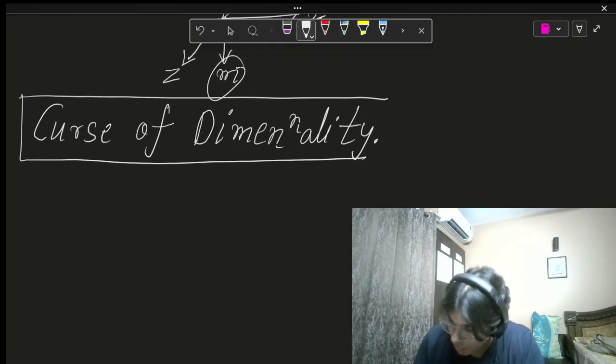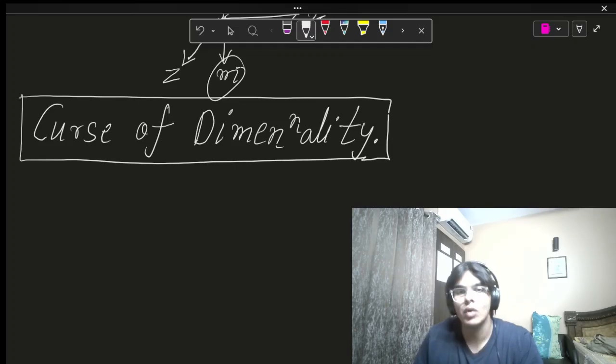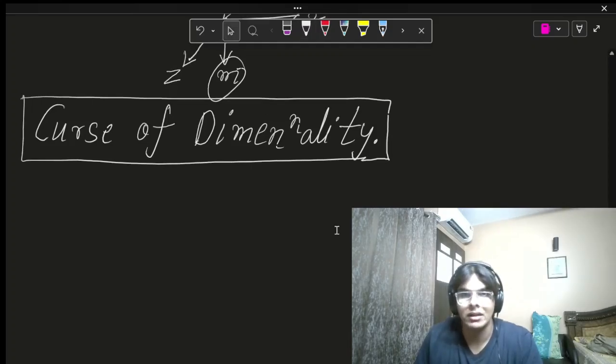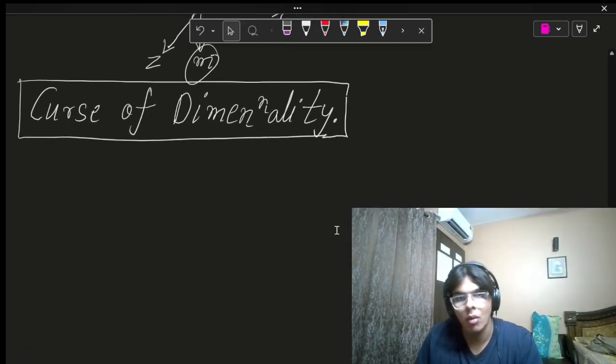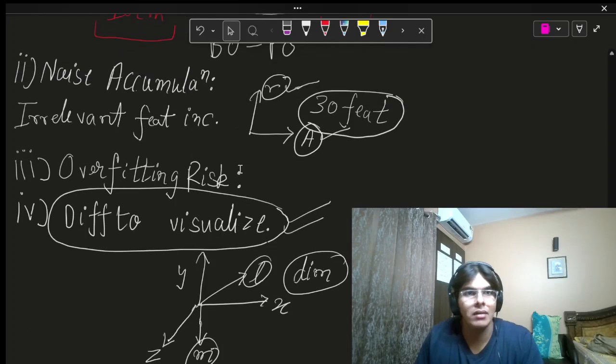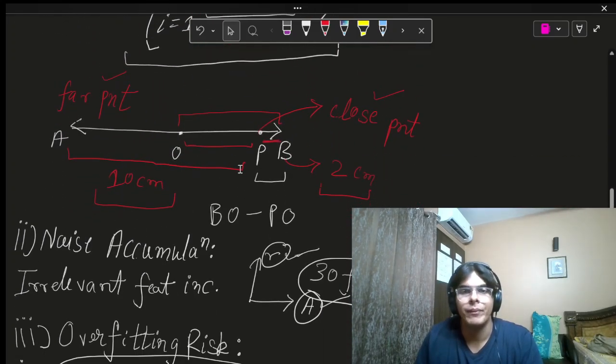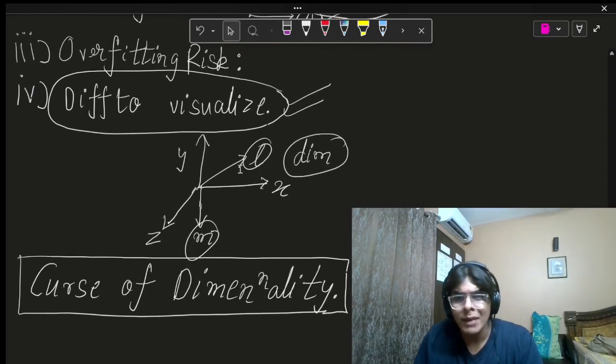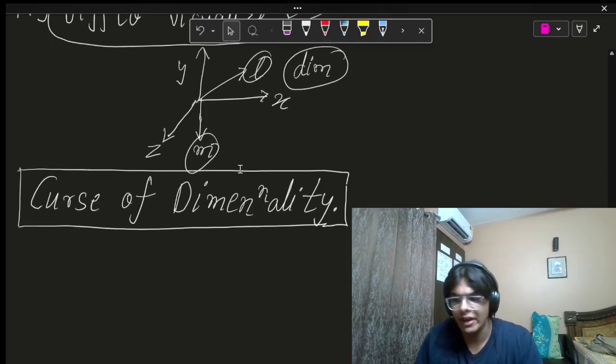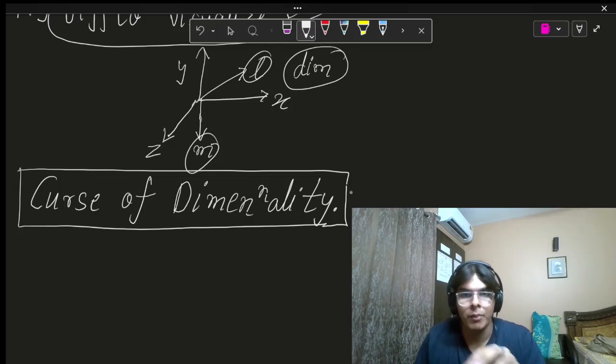There are many more that you can go and read, but these four are the most important to what we are discussing today. I have put a link in the description for an article about curse of dimensionality, so you can read about it as well. But these four are the most important because we are going to implement the PCA model later, so they are very relevant to what we are discussing. Okay, and all of these disadvantages combined that come in our model upon increasing the dimensionality are called the curse of dimensionality. Okay, simple till now.